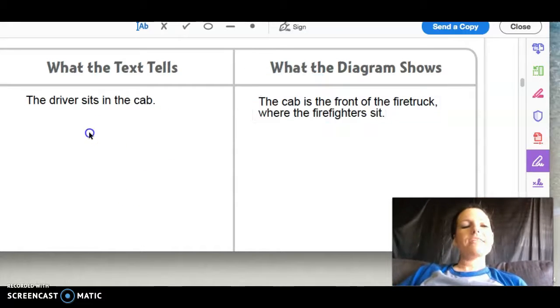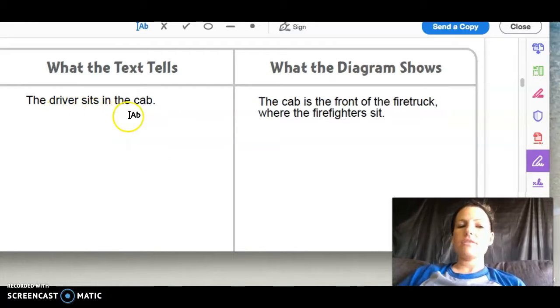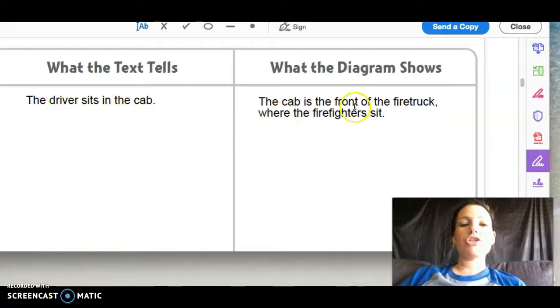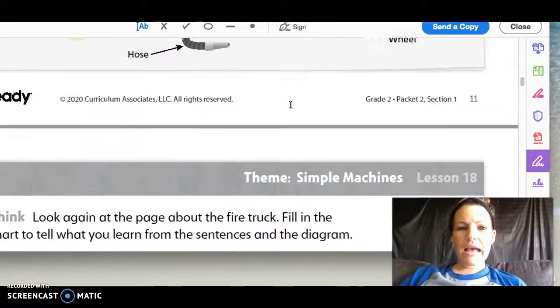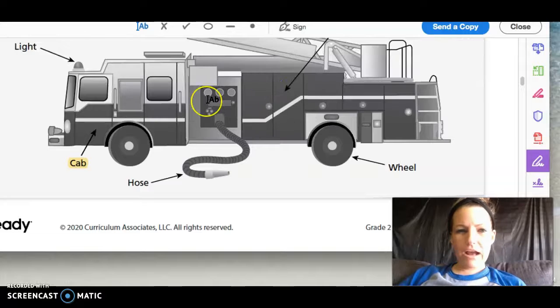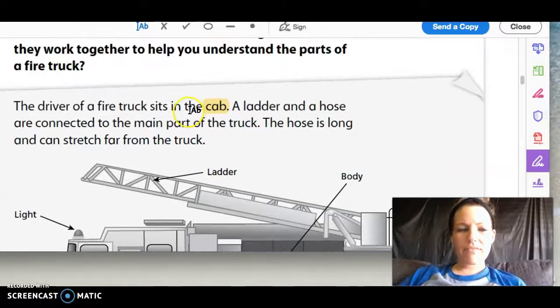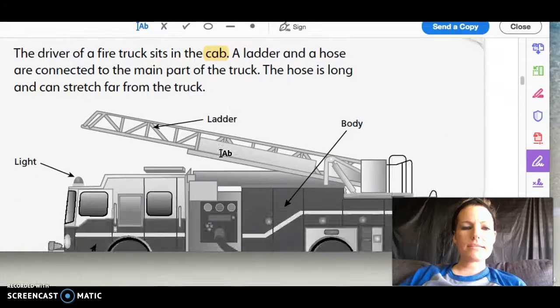Do you see how the text telling us that the driver sits in the cab and the diagram showing us what a cab is? Now you can understand how that helps us figure out this truck even better by having both the diagram and the text. What else does the text tell us?